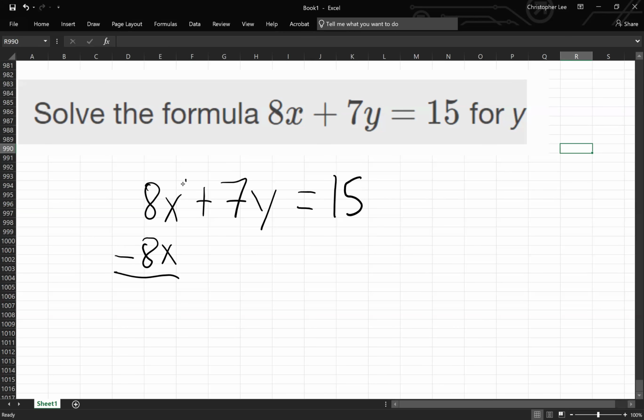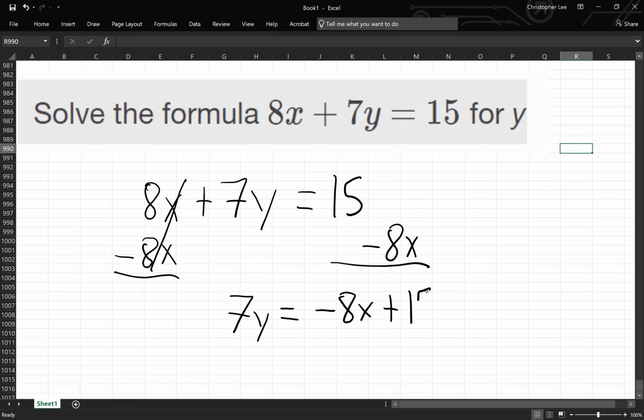But what I do to one side of the equation, I have to do to the other side of the equation. So now I have 7y is equal to negative 8x plus 15. What should I do after that? Divide by what?